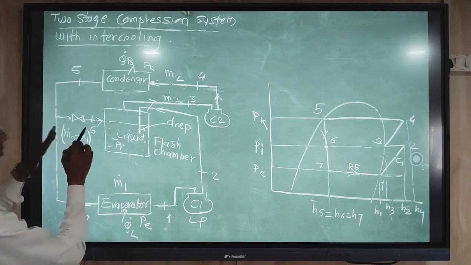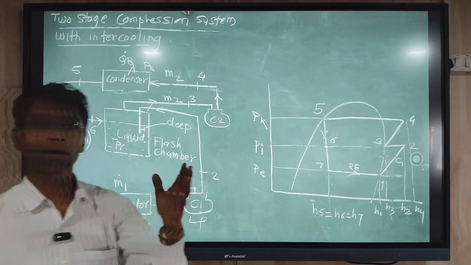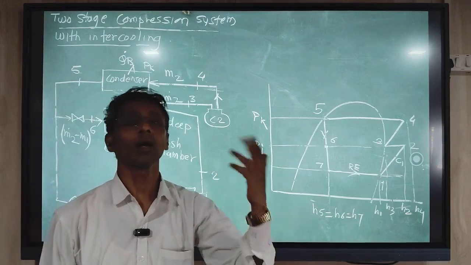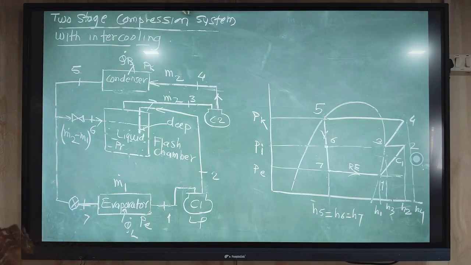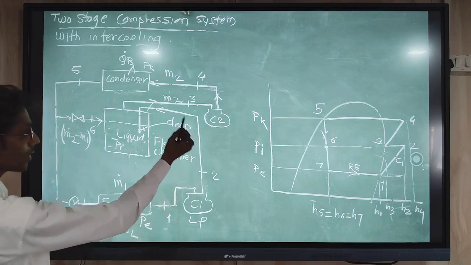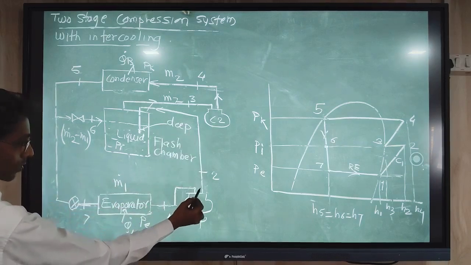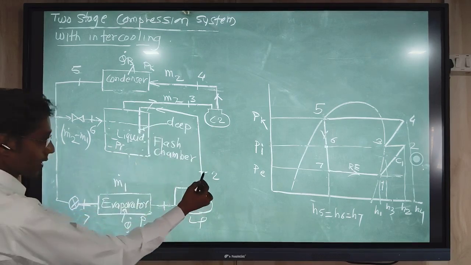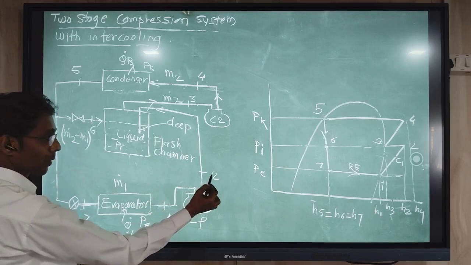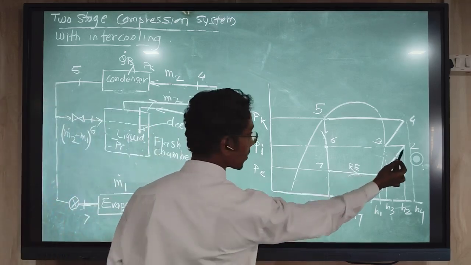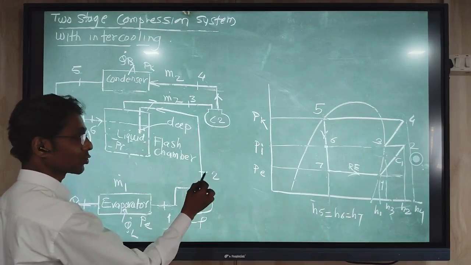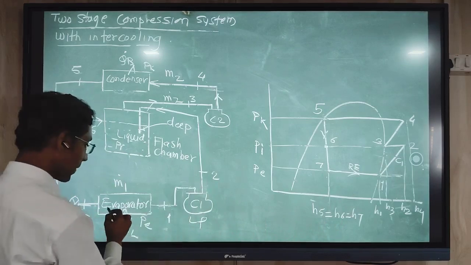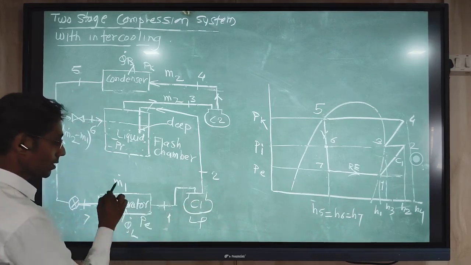For that, we take the product of the respective mass flow rate and the corresponding enthalpy of that line. First, the line from compressor 1 going to the flash tank. This is the vapor condition, point number 2, at the exit of the compressor, so the enthalpy is H2 and the mass flow rate through this compressor is M1 dot.